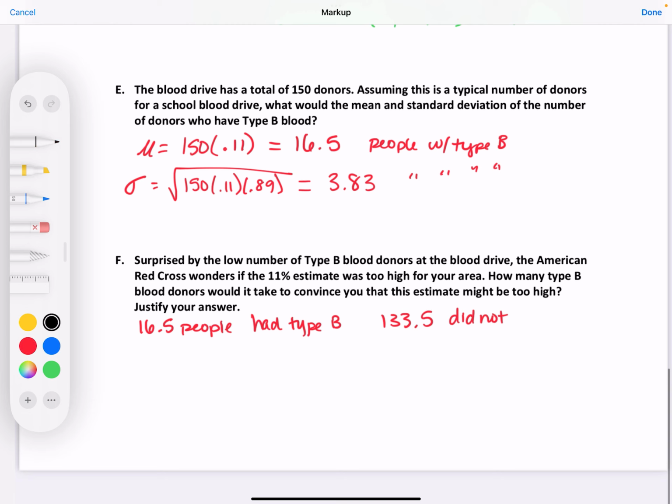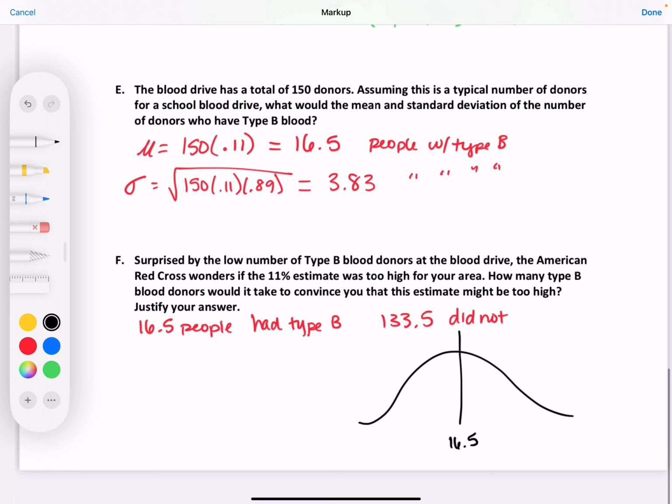So basically, if we were to look at the chart, the mean was 16.5. Now, I'm just going to subtract off basically 4.